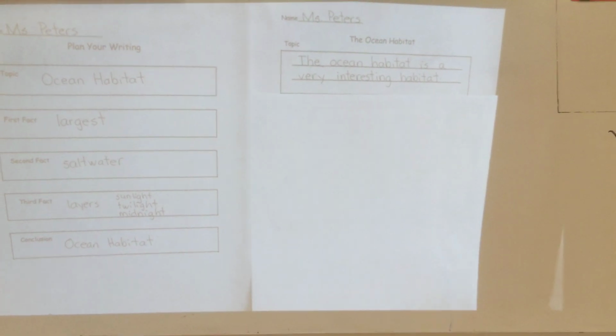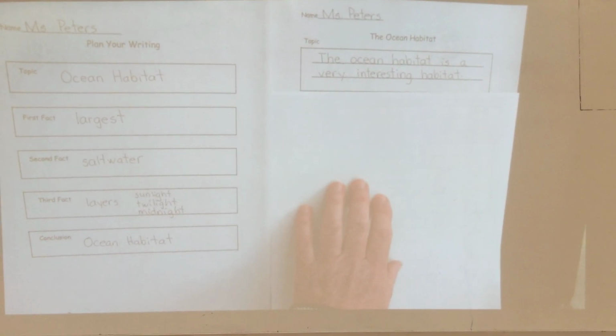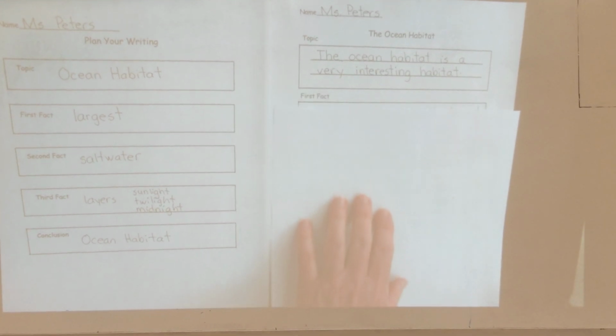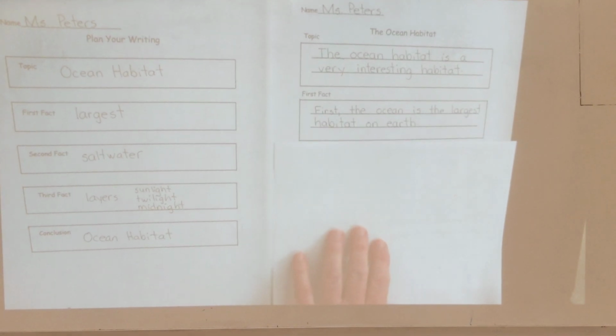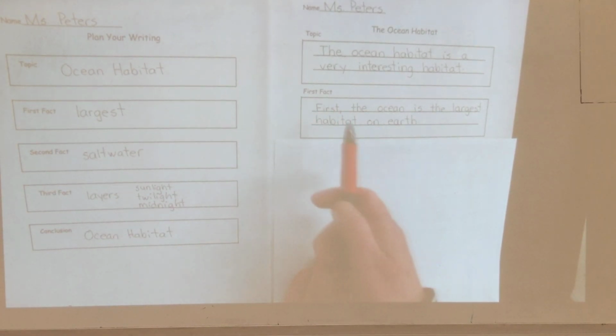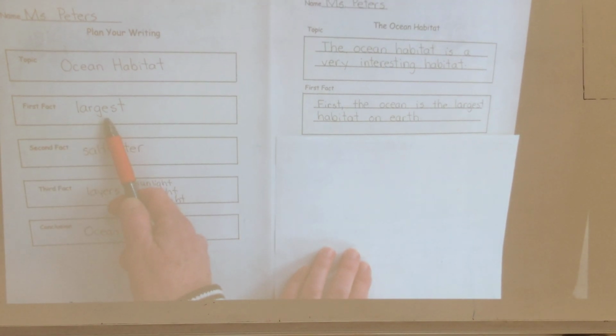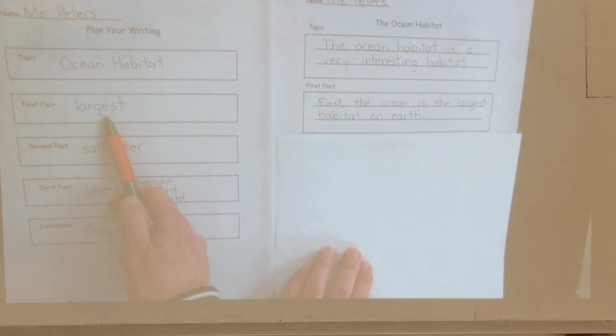That way our reader knows, oh, we're going to be reading about the ocean habitat. Then for my next sentence, my first fact I'm going to be writing about, my outline tells me, oh, I'm going to tell that it's the largest habitat.